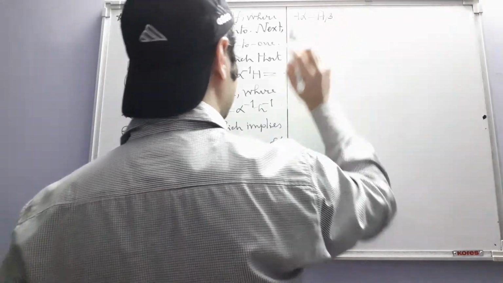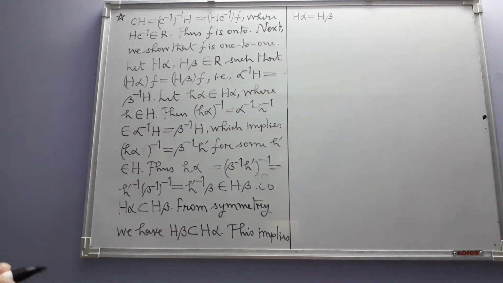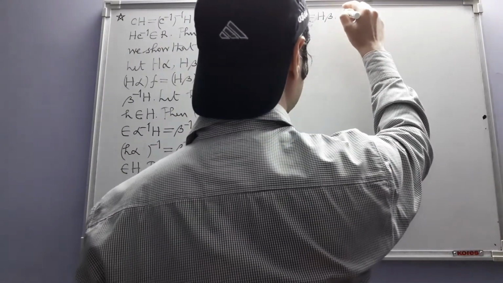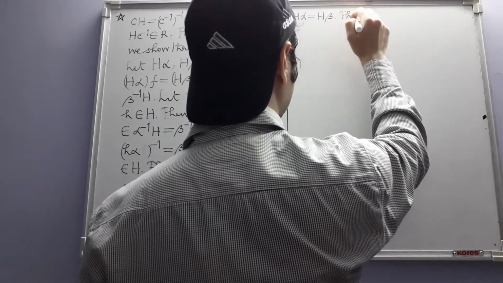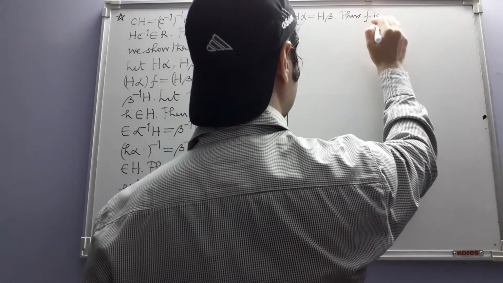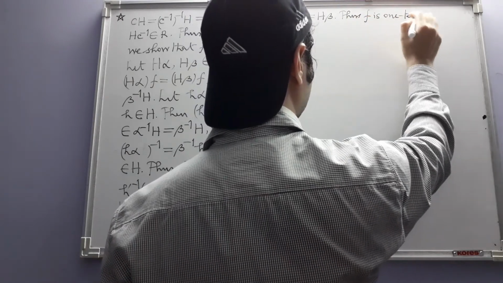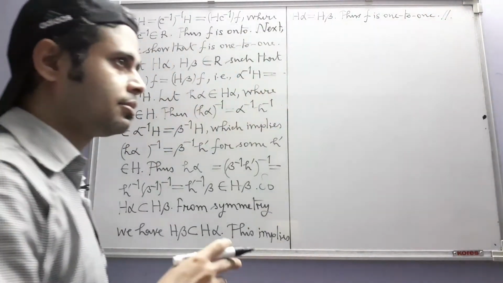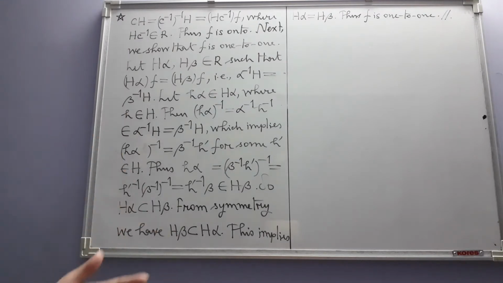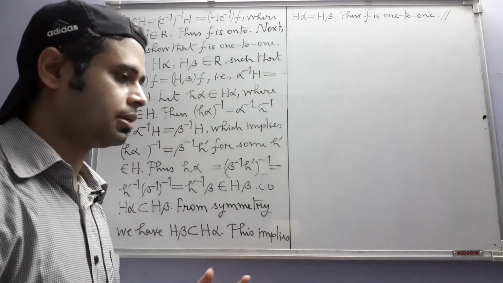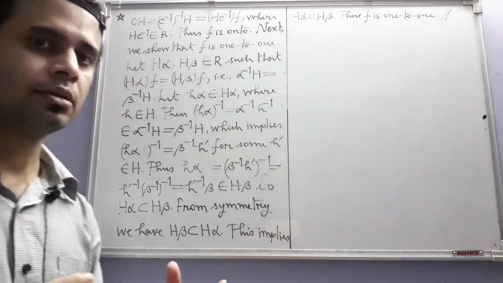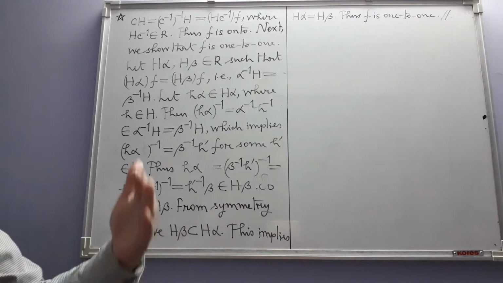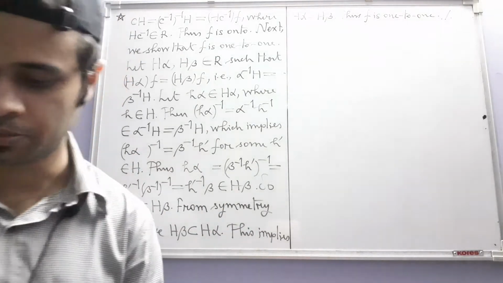That means the inputs are equal based on the assumption that the outputs are equal. So the function has to be 1 to 1. Thus f is 1 to 1, and actually this ends the solution. If you want, you can write one additional line, and that hence f is a 1 to 1 correspondence between R and L. So we will have the same cardinality of these sets of left cosets and right cosets of a single subgroup.